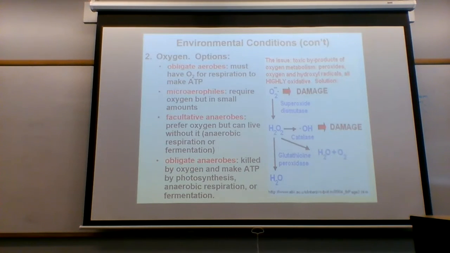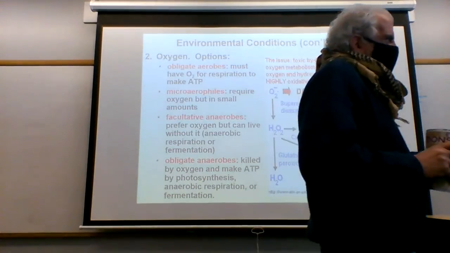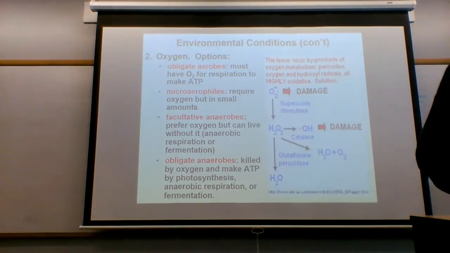In terms of psychrophilic organisms, there are some systems and some enzymes that I've used in the molecular biology lab that are psychrophilic. Really, primarily what that means is you can denature them pretty easily.